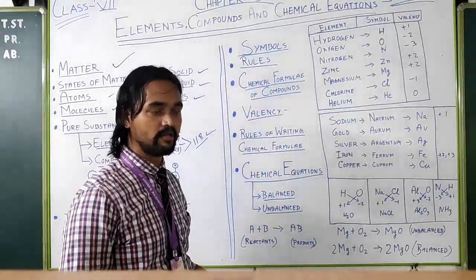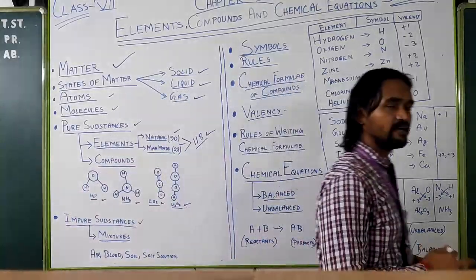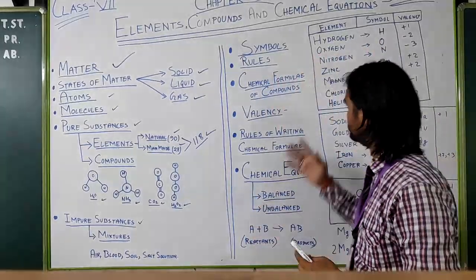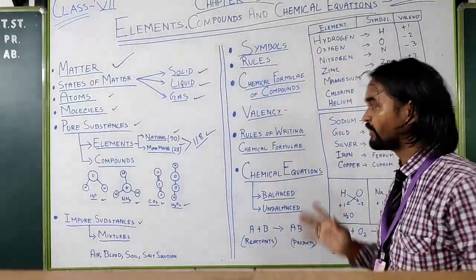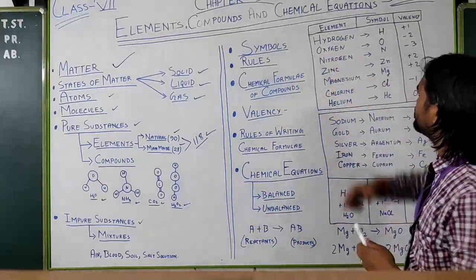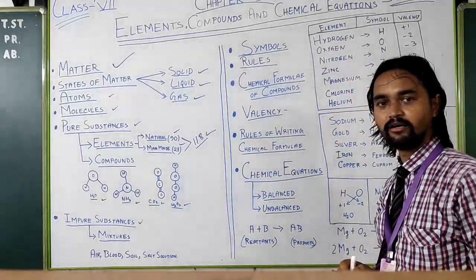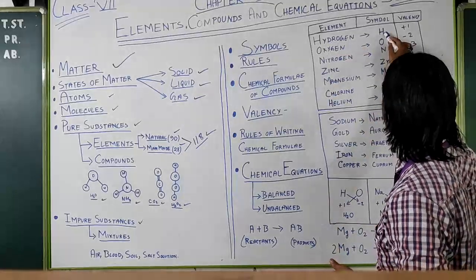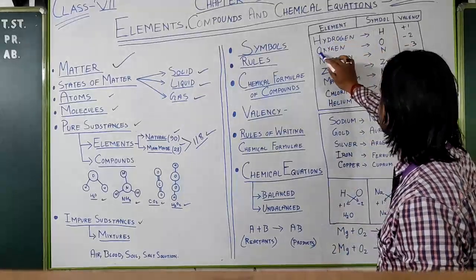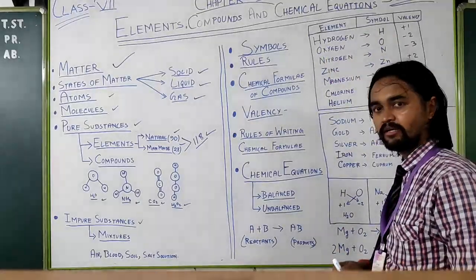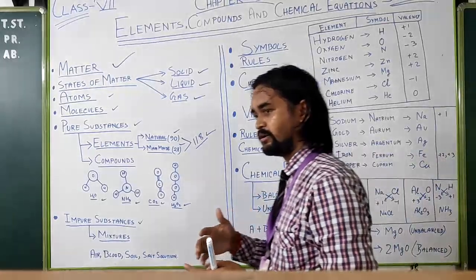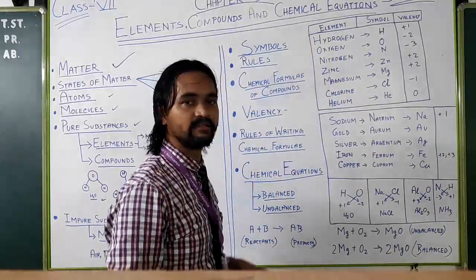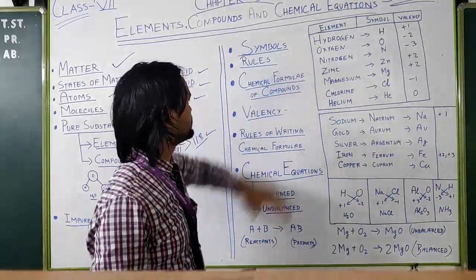What are the rules? The rules to represent the elements in symbolic form are as follows. First, we use the first alphabet of the spelling or the word form of the element. That means H is used for hydrogen, O for oxygen, N for nitrogen. But what happens when so many elements have the same alphabet in the first position?